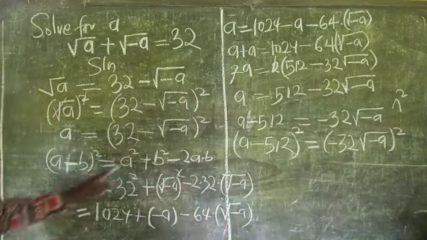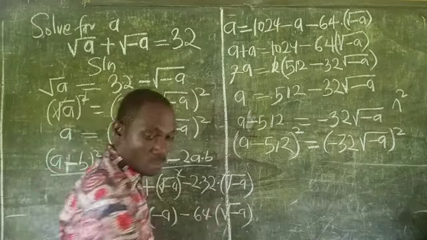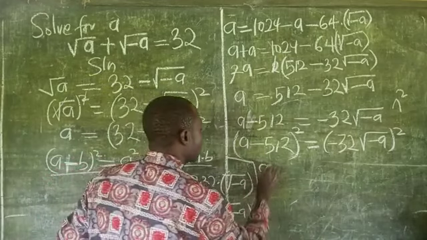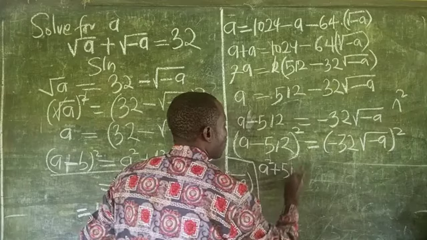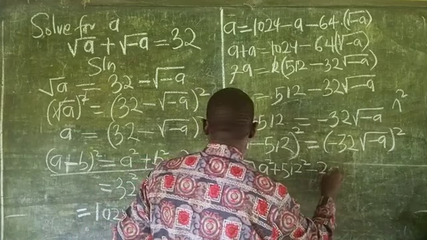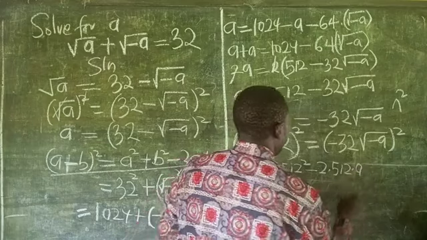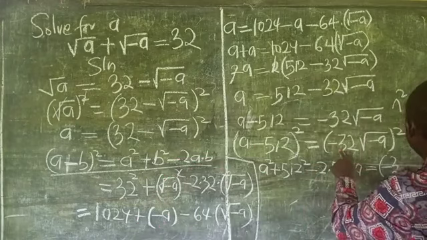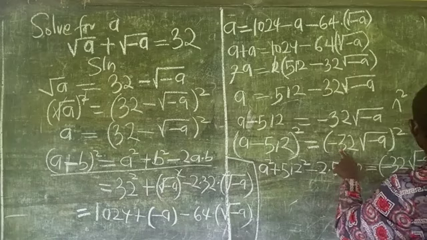Using this identity, this part becomes a squared plus 512 squared minus 2 times 512 times a, is equal to minus 32 square root of minus a, squared.